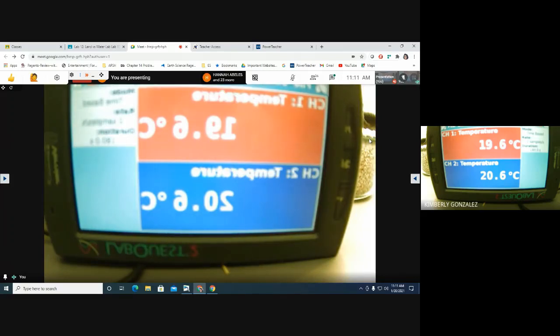Do we type everything out for the graph or can we write it? For the data table, you're gonna type everything out. Remember, everything except for calculation should be typed.